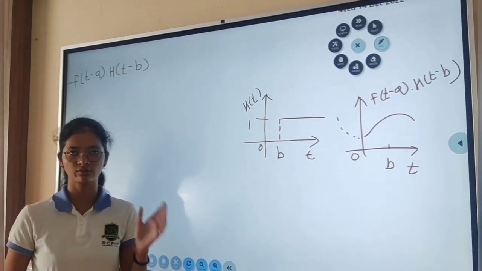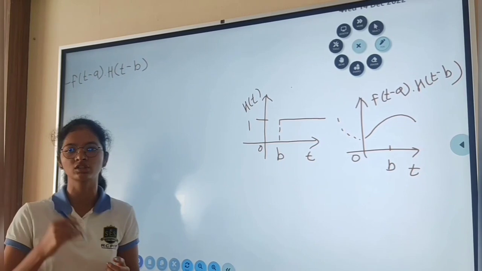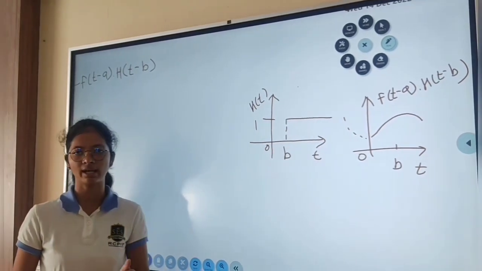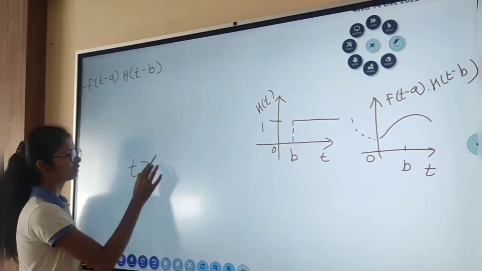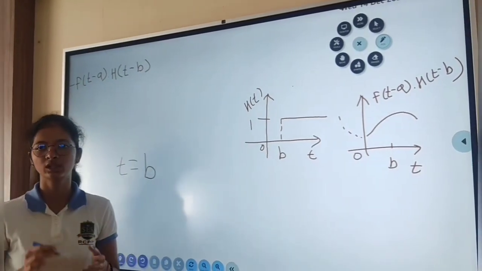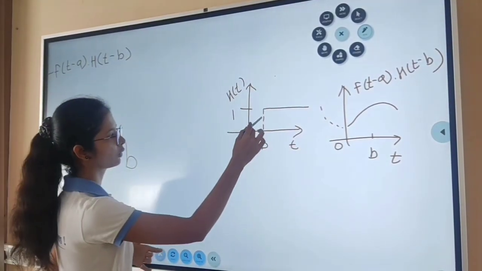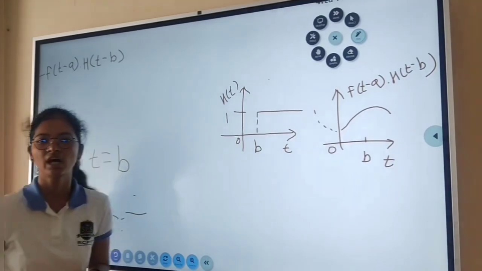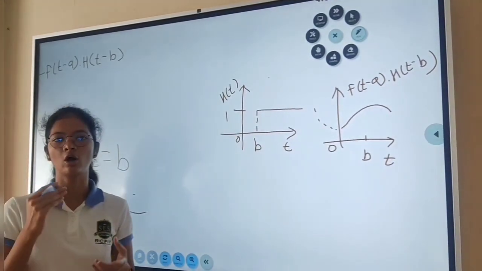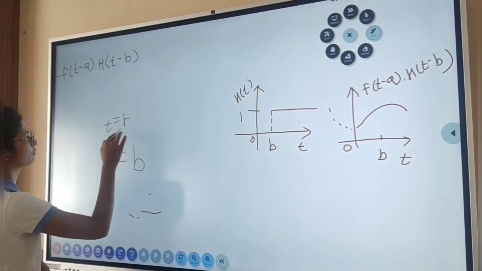It is easy to see that f of t minus a into h of t minus b will give the part of the shifted curve f of t minus a to the right of t equal to b. Here the dotted part shows the cut portion.